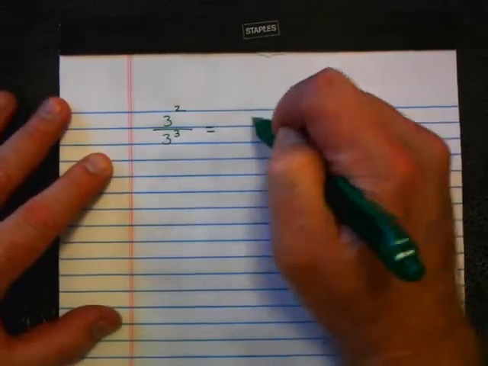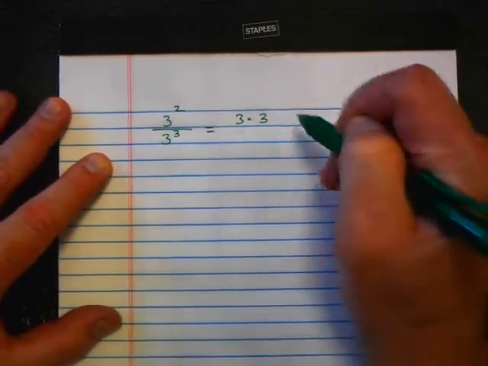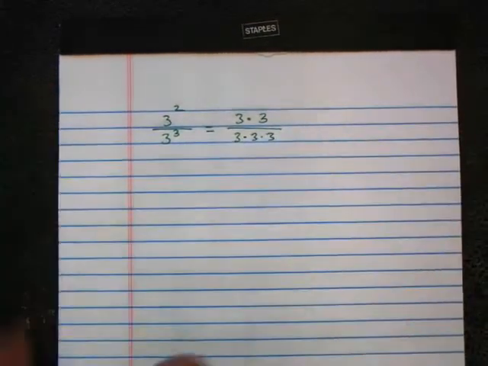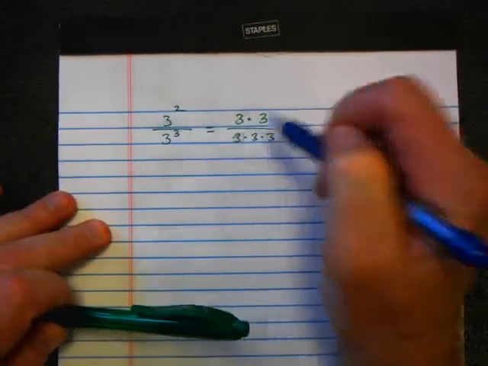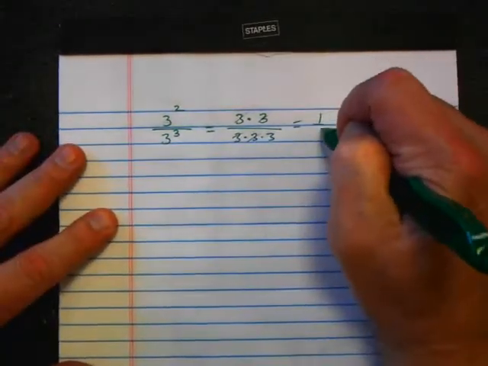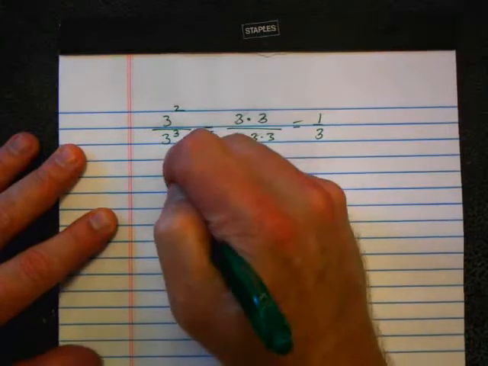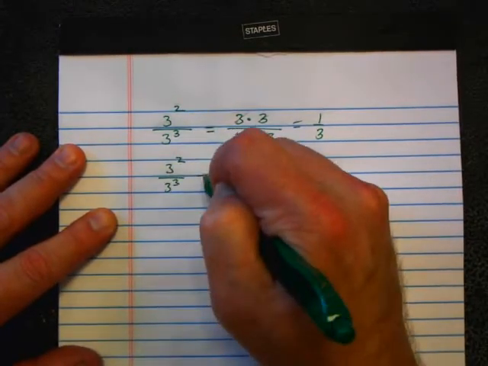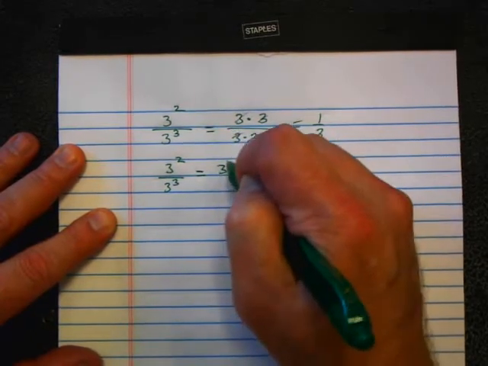All right, well, I'm just going to do it this way. 3 squared means 3 times 3, over 3 times 3 times 3. I can reduce that one with that one, that one with that one. I'm left with 1/3. On the other hand, same sort of trick, 3 squared over 3 cubed, I use my subtraction rule. That's 3 to the negative 1.